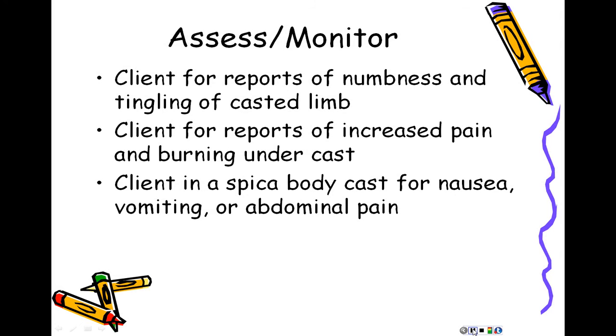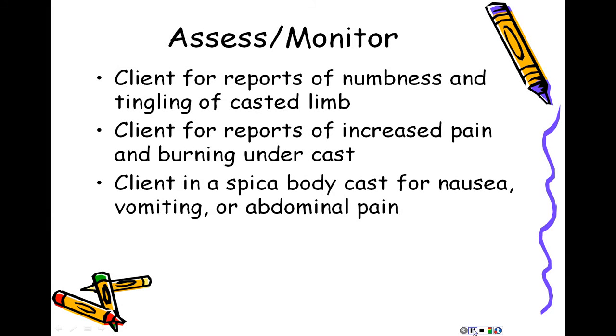On this page, it talks about cast syndrome. And with cast syndrome, we typically see this when a person has a body jacket cast. And so with a body jacket cast, if it's applied too tightly, then the person has pressure on the duodenum. And so when this happens, the patient has abdominal pressure, and they also have nausea and vomiting.